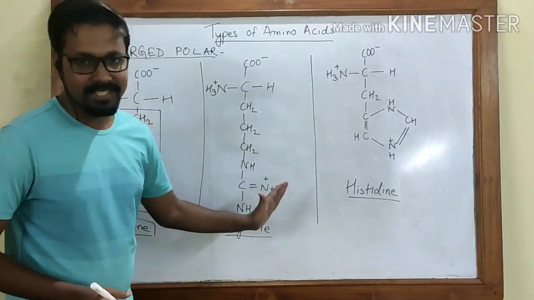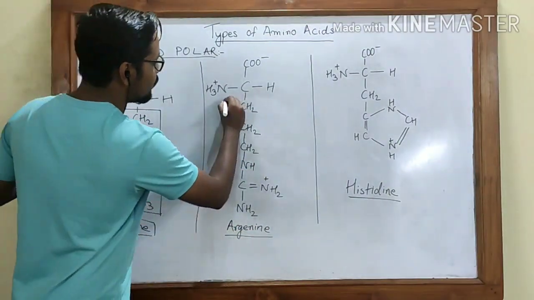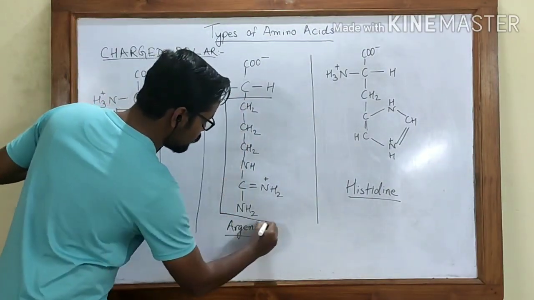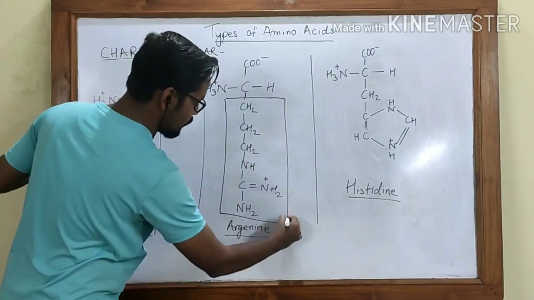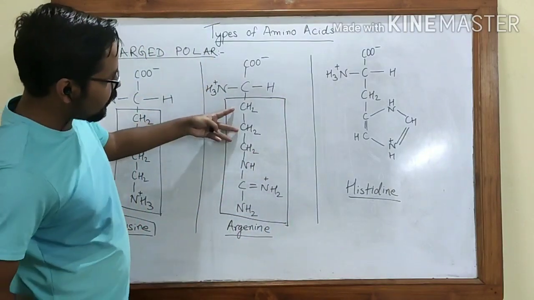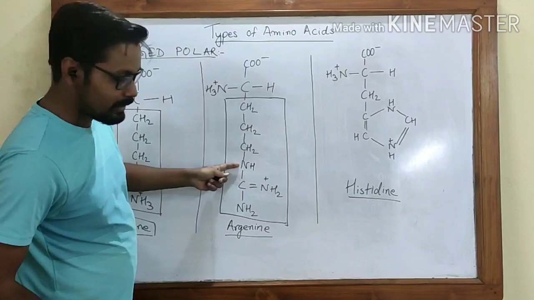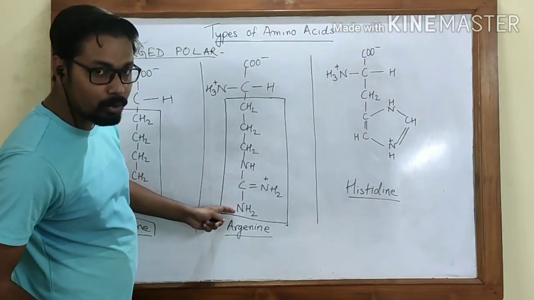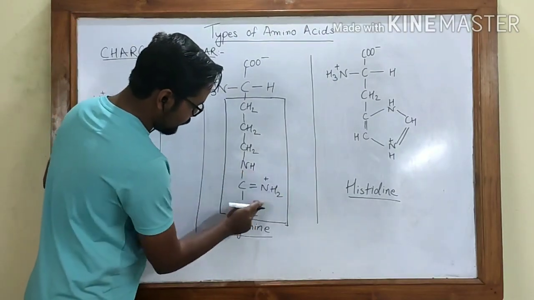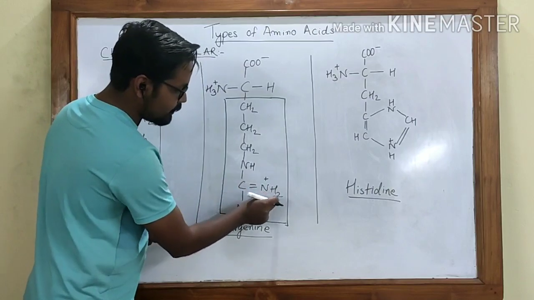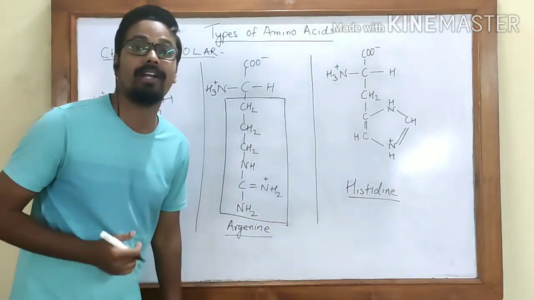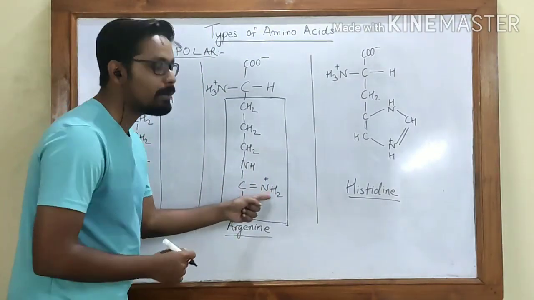If we move to arginine, here this is the side chain, another huge side chain, a long one. Here we have 3 carbons, then a nitrogen, then another carbon, and again an amino group. But this group, this C double bond NH2, this sort of group is called a guanidium group. Okay, this is not an amino group.